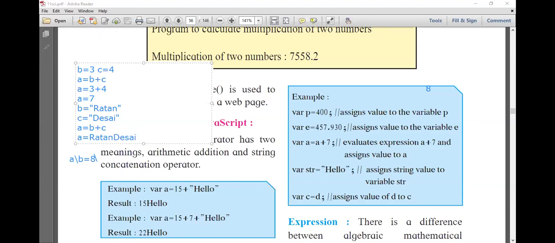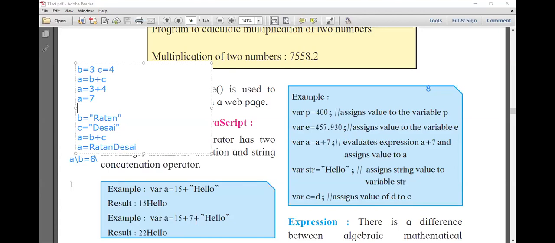What happened? We concatenated two different strings. A string is a set of alphabets. B is equal to Ratan, here I am assigning the string Ratan to B, and in the next statement I am assigning Desai to C. When I write A is equal to B plus C, the two strings Ratan and Desai concatenate, meaning join to each other, and it will display as Ratan Desai.